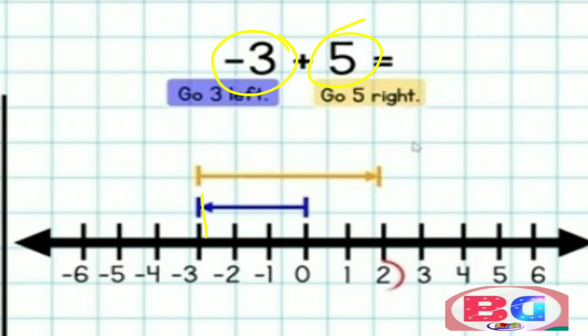How many steps? 5 steps: 1, 2, 3, 4 and 5 toward the right. At last we reach the point 2, which is the value of -3 and +5 on the number line. So in an easy way we can calculate addition on the number line.